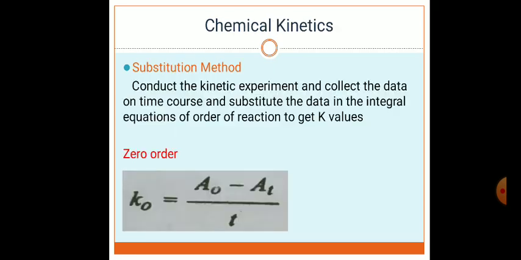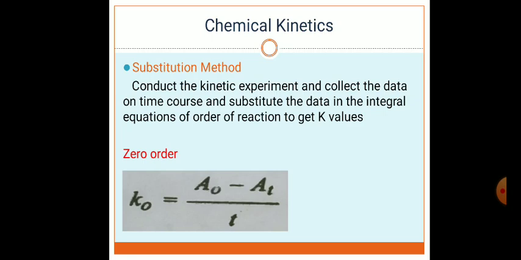Second, substitution method. Conduct a kinetic experiment and collect the data on the time course of changes in concentration of the reactant. Substitute the data in the integral equation of zero order, first order, and second order reaction to get the K values.